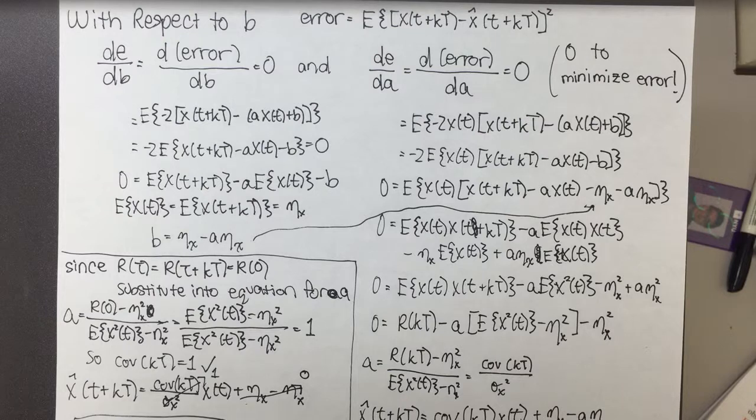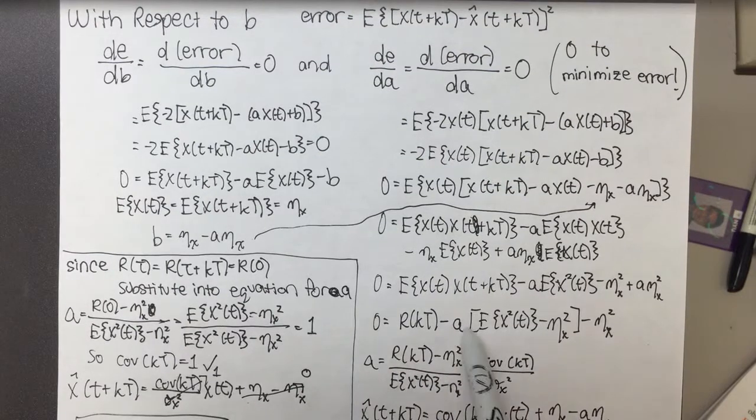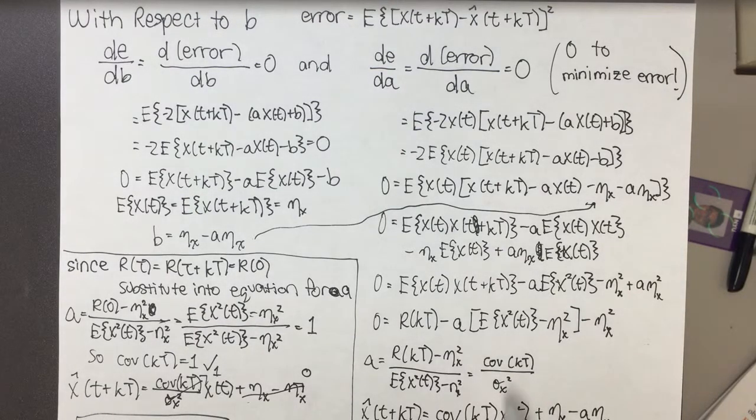Okay, so we factor out the a over here, and this equals r of kT, and we basically have r of kT minus eta squared over this value equaling a if you just move around the values, and this essentially equals the covariance of kT over the variance. I forgot what this Greek symbol was, but this one.